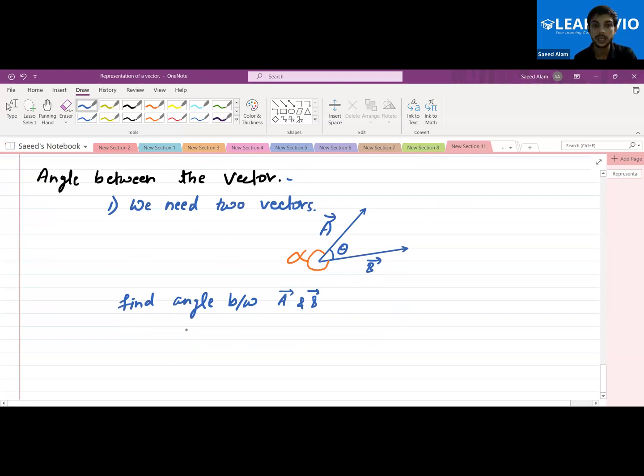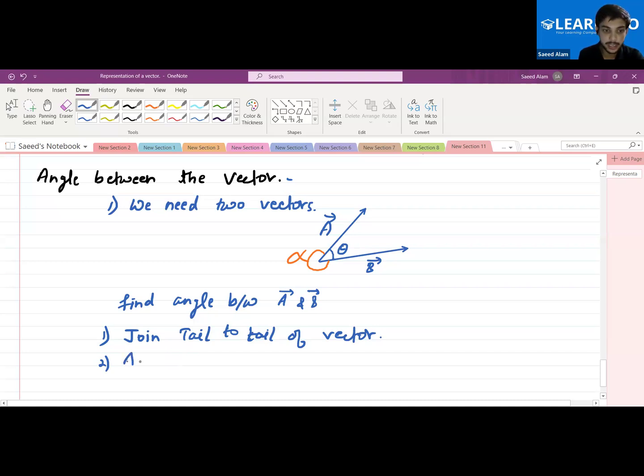So the first thing that we are doing here is join tail to tail of the vectors. Now, if you join tail to tail of the vectors, what next do we have to do?